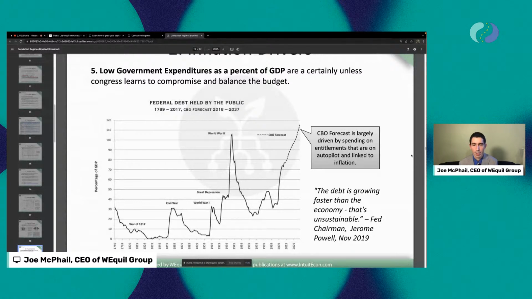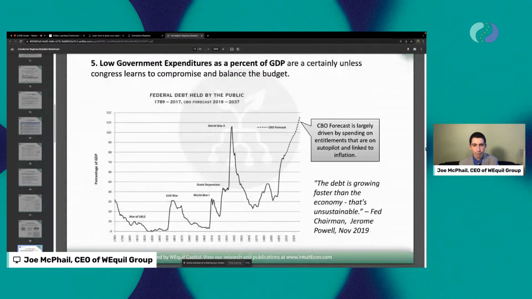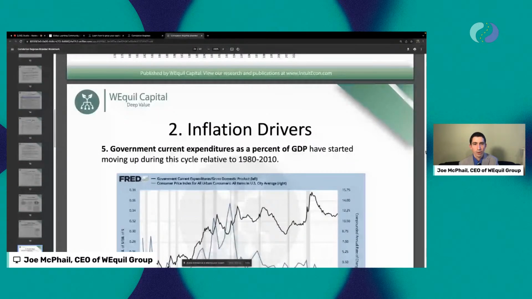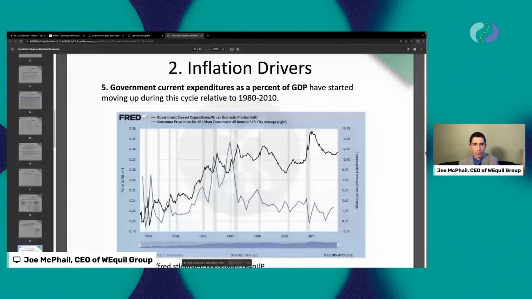That's typically happening in the private sector, and so that's a big reason why having large government expenditures as a percent of GDP and high deficit spending tends to correlate with higher inflation. Okay, and this is just another graph showcasing government current expenditures as a percent of GDP.